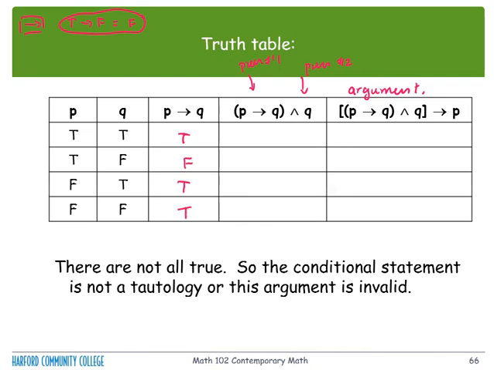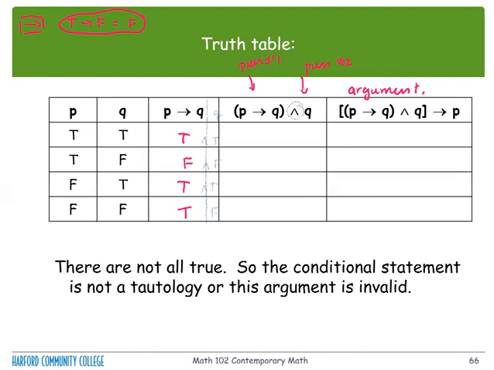Next, P then Q and Q. I'm going to create a little column next to this for Q. The Q column has T, F, T, F, and we're going to do the and.